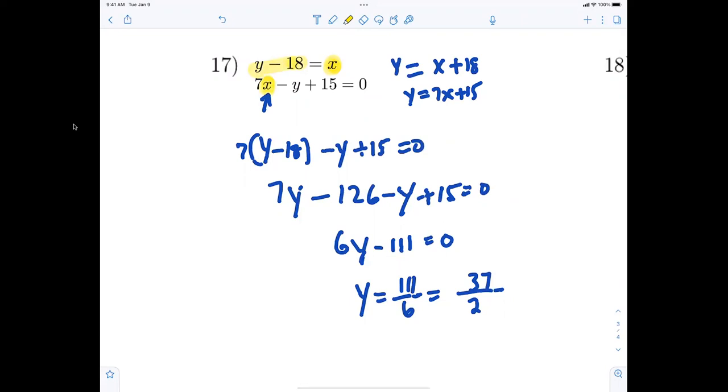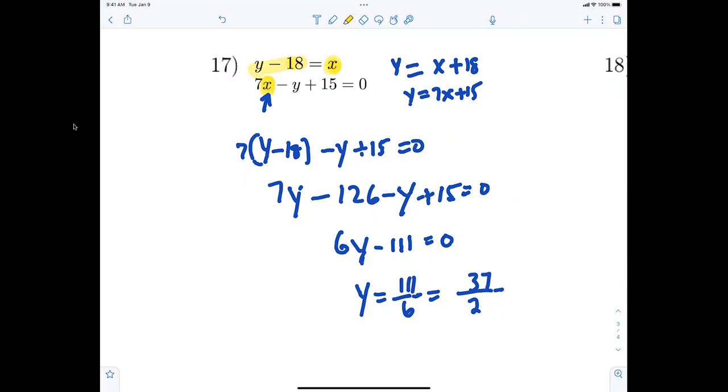So no, I was right. So I plugged that in: 7 times y minus 126. Equals 7x plus 15. It's the same thing. Yeah, that's right.